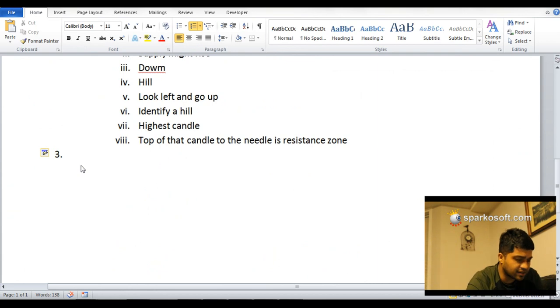The next is, you can also look at indicators. So stock indicators. Let's take a few examples. First is moving averages. A moving average is a line that connects time factored averages.